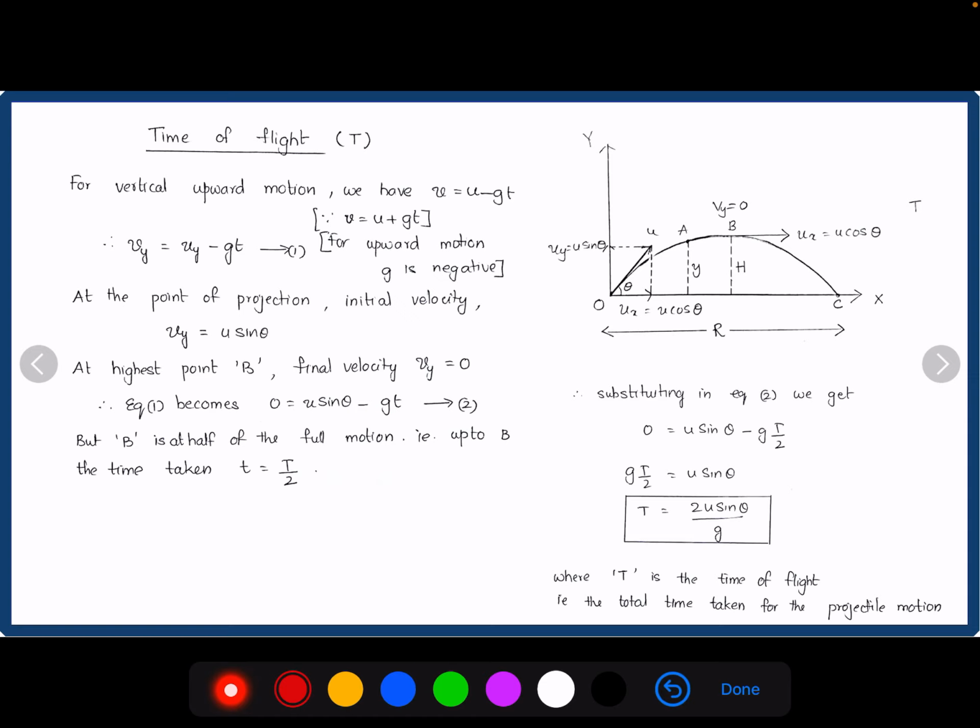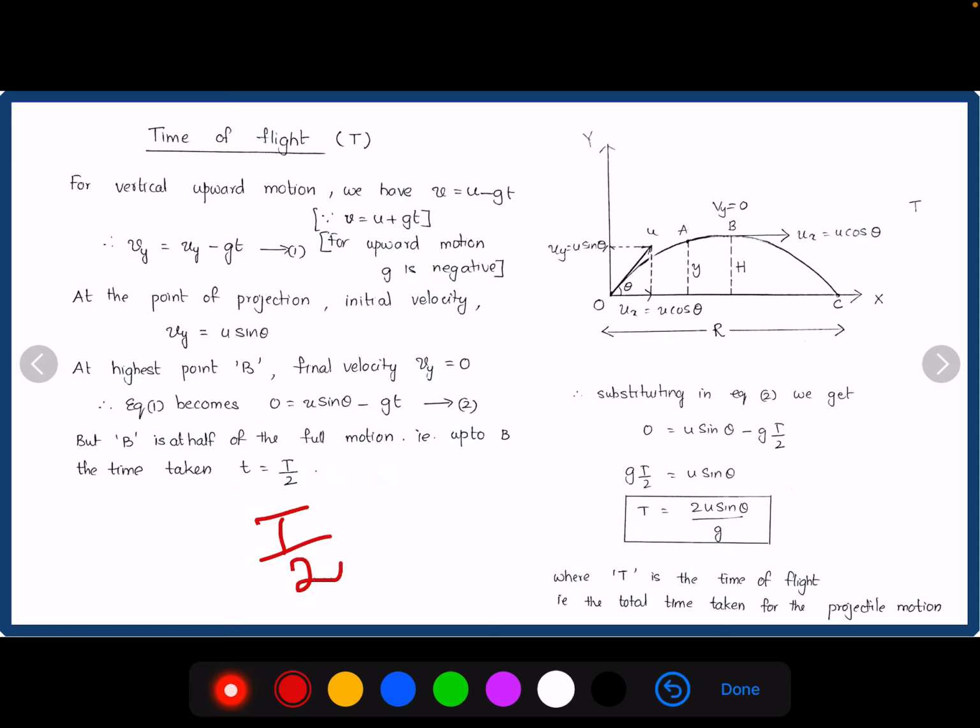But B is only half of the full motion. Up to here it is half motion, and from here to here is another half motion. Therefore, O to B is only half of the motion, so the time taken up to B is half of the projectile's time of flight, that is t by 2.